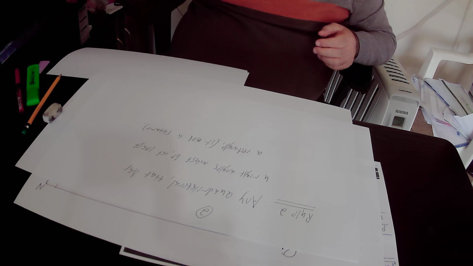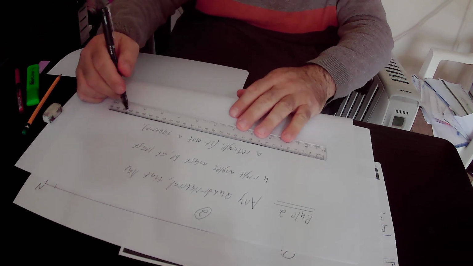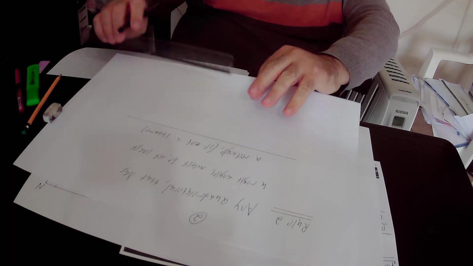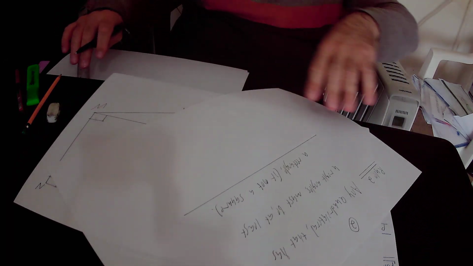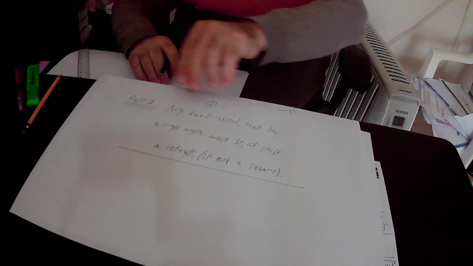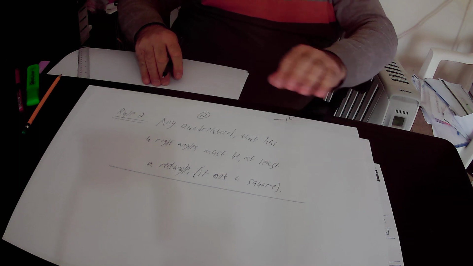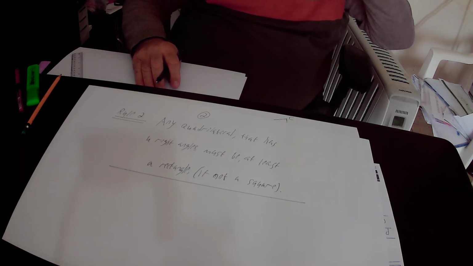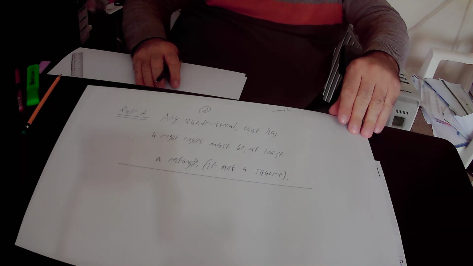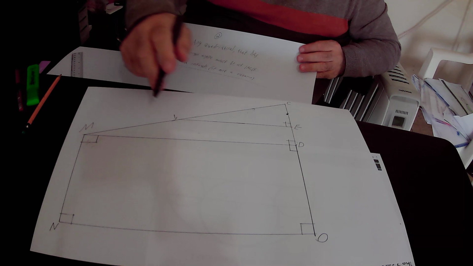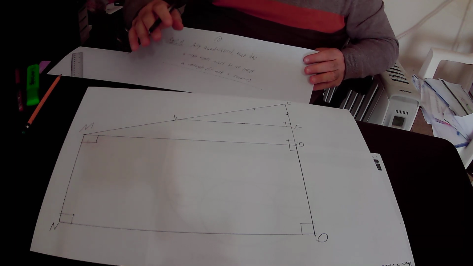So I'll read rule number 2 again. According to rule number 2, any quadrilateral that has 4 right angles must be at least a rectangle, if not a square. So quadrilateral MDON must be at least a rectangle.